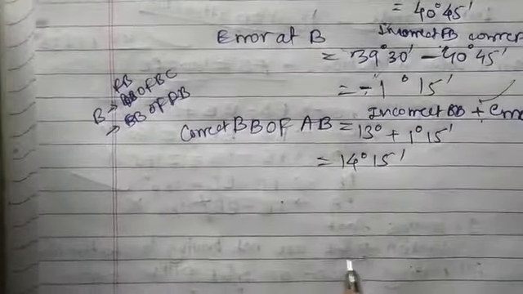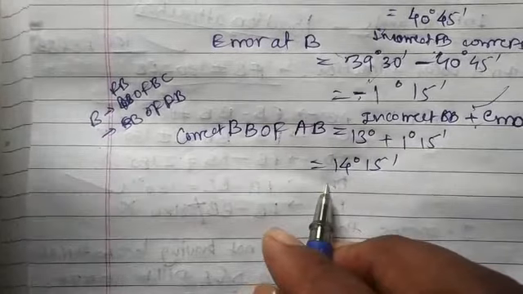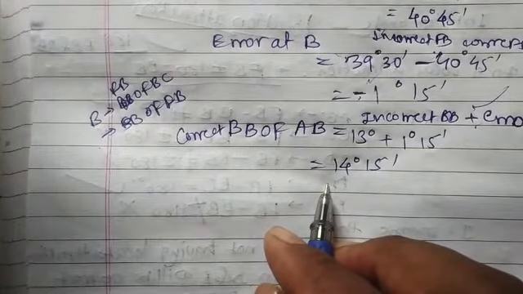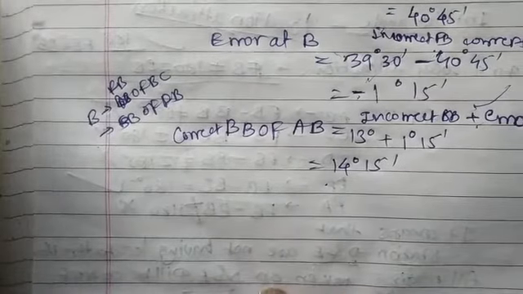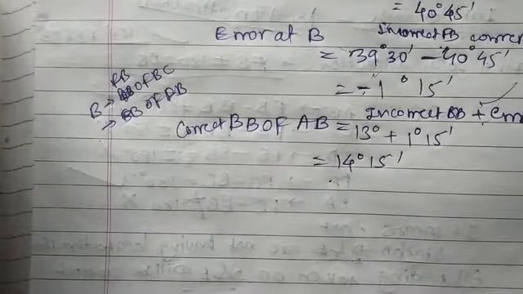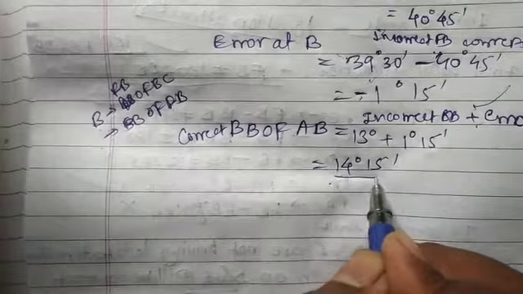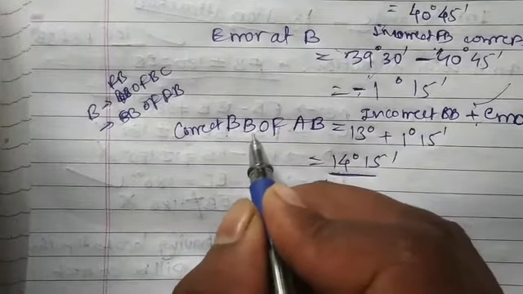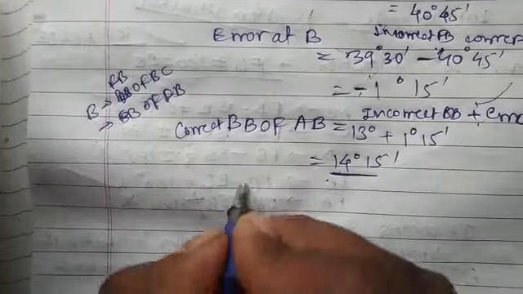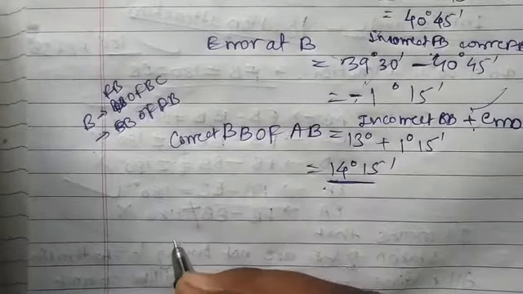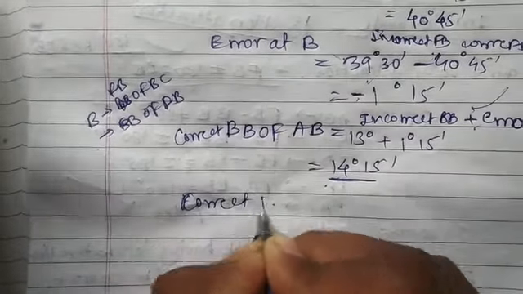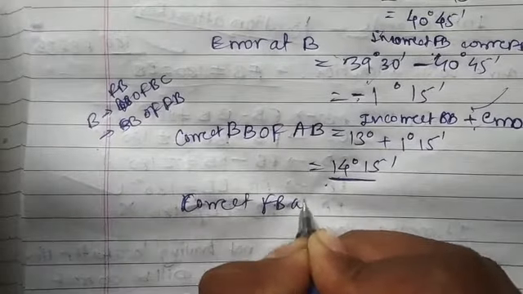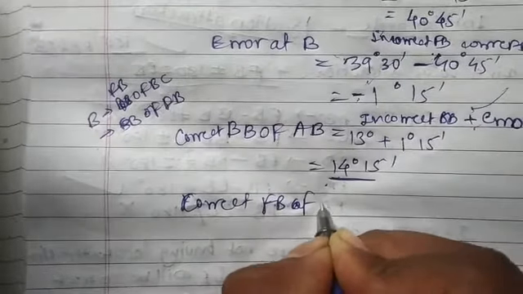Now we have got the correct value of back bearing. Yes, we have got this as a correct back bearing of line AB. Now we can calculate correct fore bearing of AB.